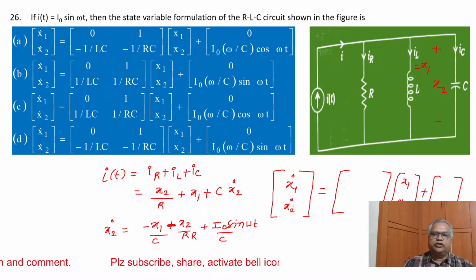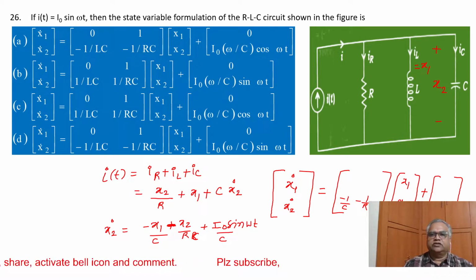So x2 dot is equal to here minus 1 by C, minus 1 by RC here. So if you multiply with x1, minus x1 by C minus x2 by RC, and is equal to, what I have to get here? I naught sin omega t by C.